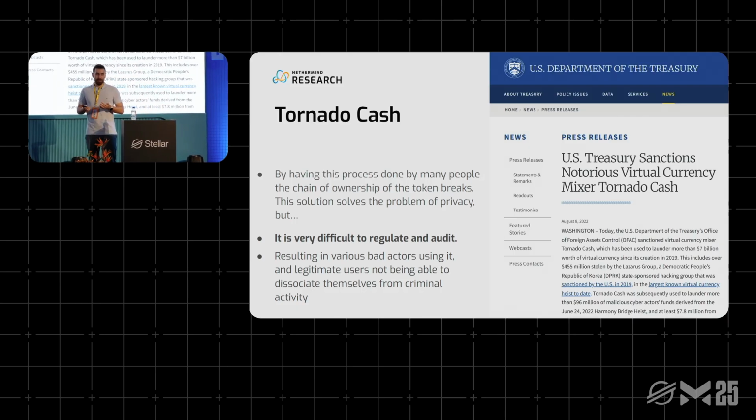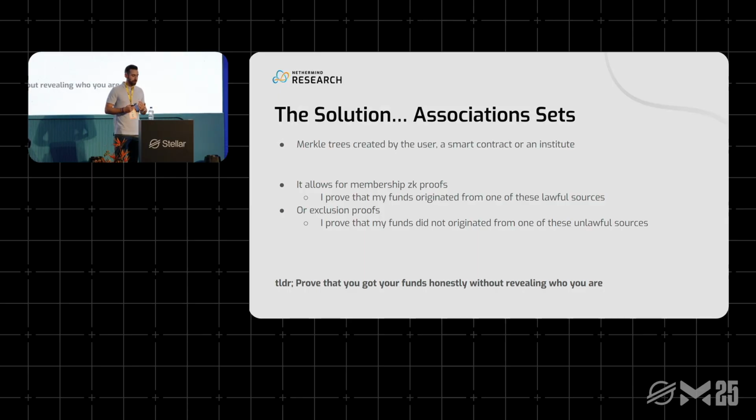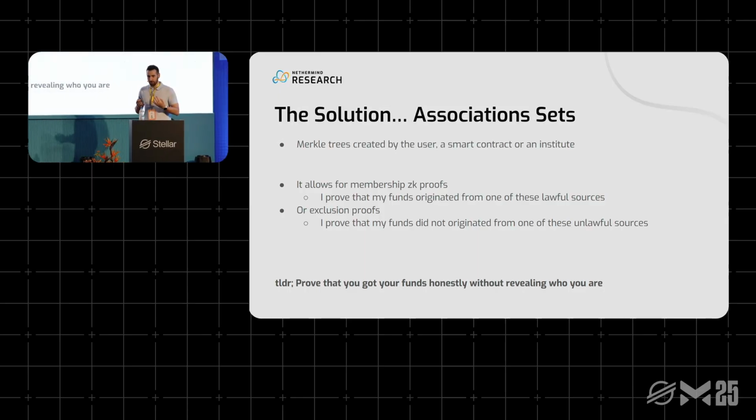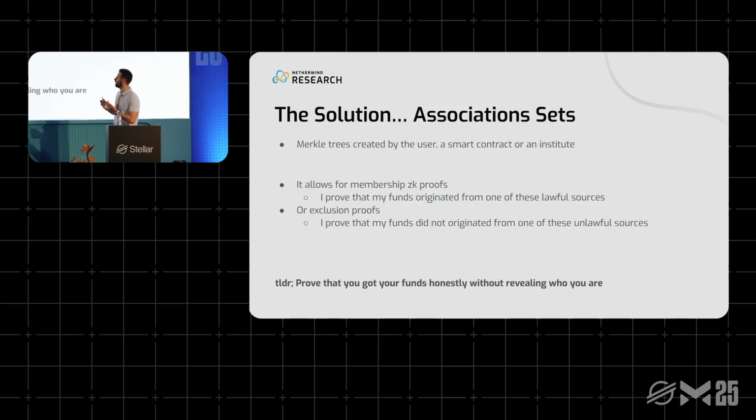We don't want illicit actors to start using Stellar to hide the funds they have stolen. So we need to bring some regulation into the architecture we saw before. And now we get to what Nethermind is going to actually do, which is going to solve the problem with regulation by bringing association sets as the first phase.